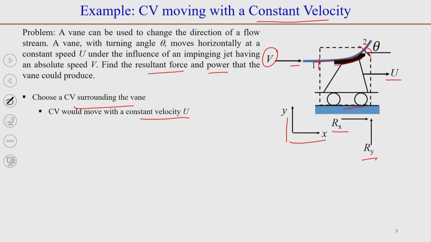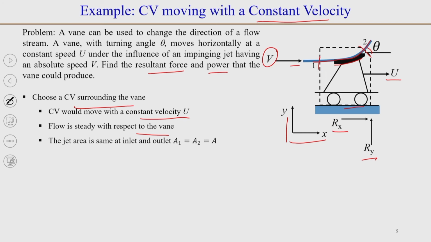If our control volume also moves with a velocity u, then it will be easier for us to apply the momentum conservation equation. When we are sitting on the vane moving with a velocity u, the flow becomes steady with respect to the vane.